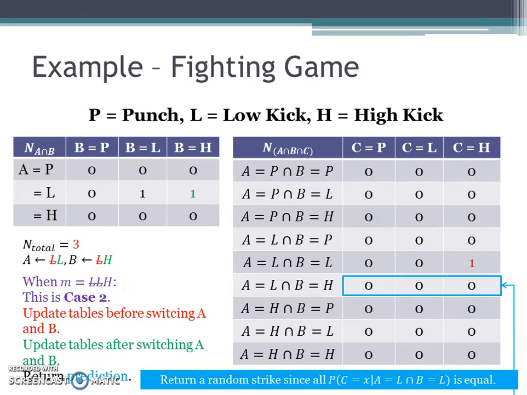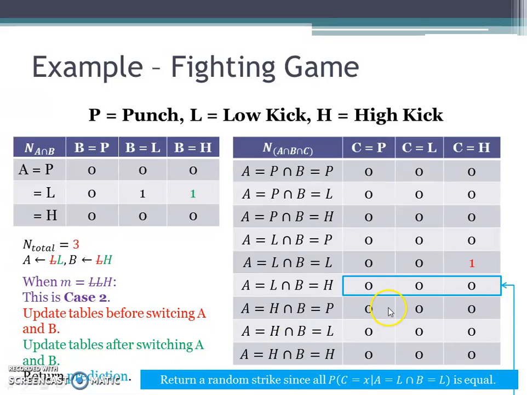So previously we have seen the predictions made for our examples where we have collected 3 strikes from the user, and we have made necessary updates to the tables that we have here, and the outcome of this is that we return a random strike.